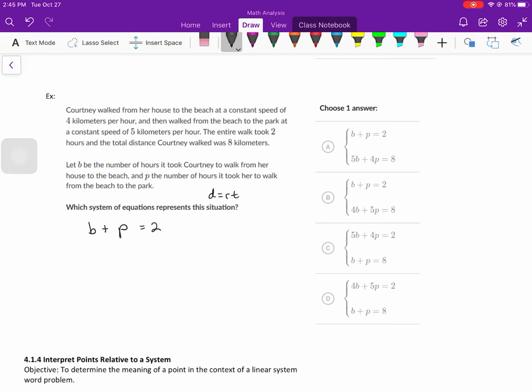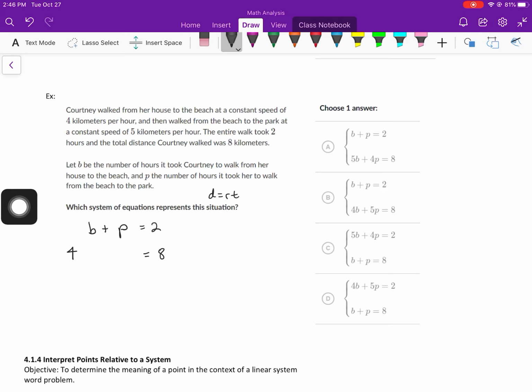You know, how many miles did you go? If you're going 60 miles per hour, your distance would be the 60 miles per hour times how long you did it. So if we want her total distance, which was 8 kilometers, well, we know that it was from her house to the beach. B is the walk from her house to the beach, right?